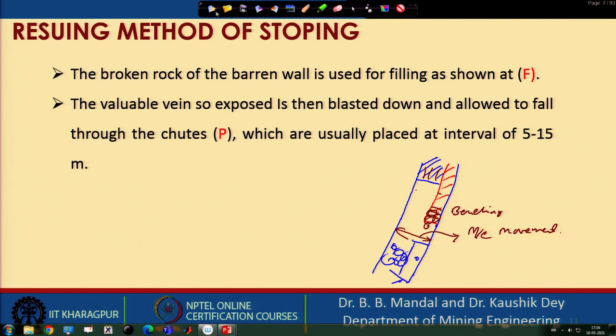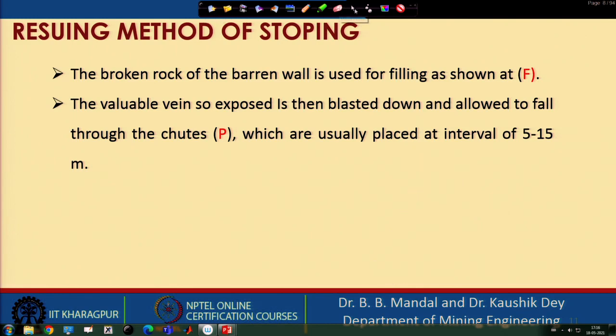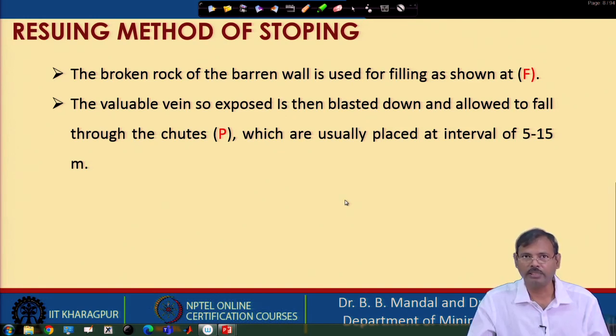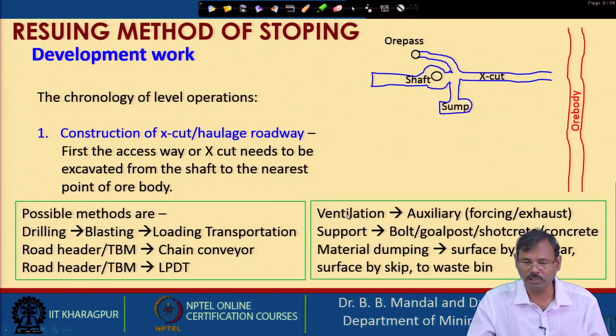So, this is the resuing method, which is applicable for valuable ore and for narrow vein deposits. This method is applicable, and so far it is mostly found in gold ore only.